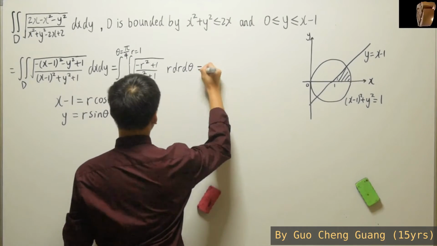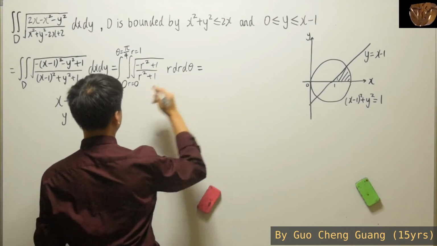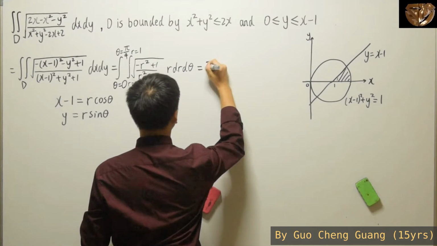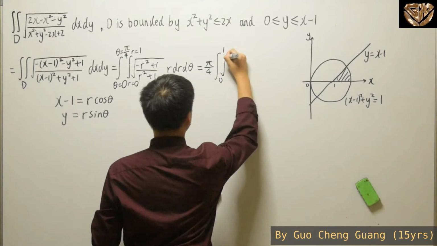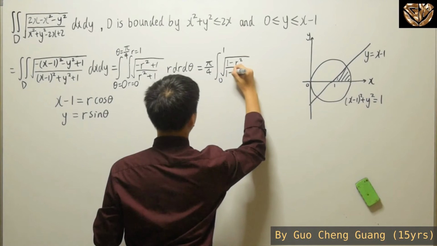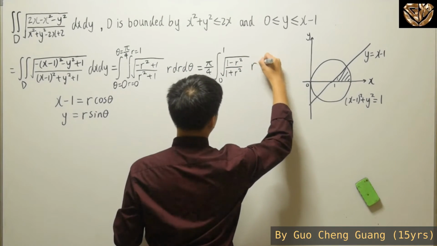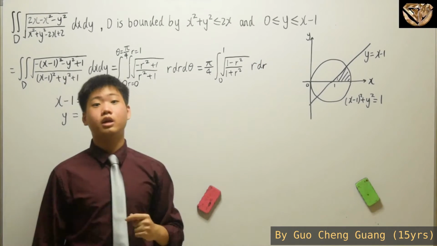And your theta would obviously be theta and then substitute pi over 4 and 0. So you will have pi over 4 integrate from 0 to 1 square root 1 minus r square over 1 plus r square. These are pretty much the same, but it looks nicer in this way. And then r dr.